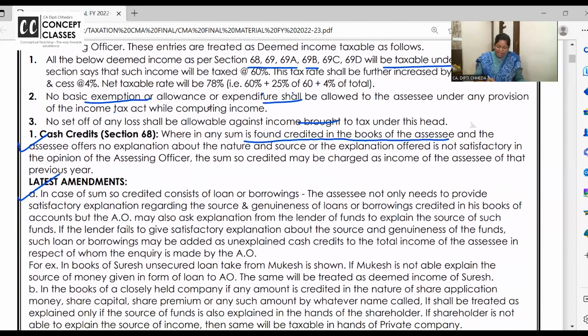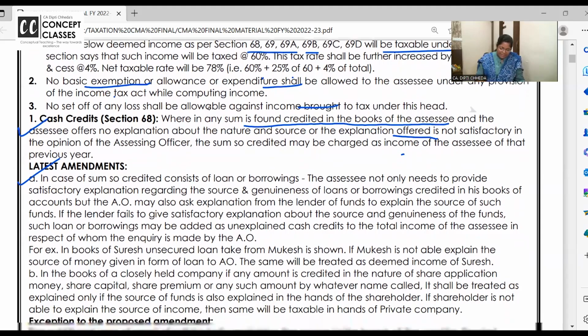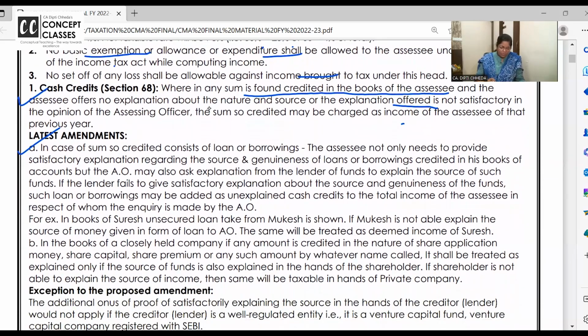Where any sum is found credited in the books of the SSE and the SSE offers no explanation about the nature and source, or the explanation offered is not satisfactory, then the sum so credited may be charged. I'm not going to read word for word, but I'm reading this because it is very important.